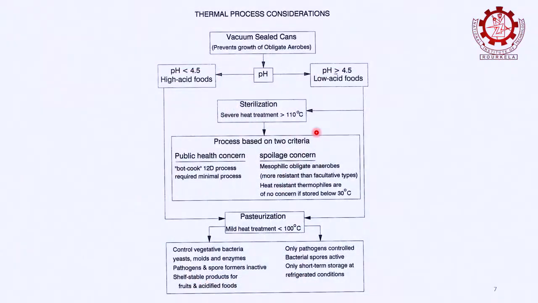So the process actually goes beyond the 12D process, which takes care of the safety, but spoilage you take care of based on the initial microbial load of those spoilage microorganisms in your product and how much quality change you are ready to accept. But if you don't do sterilization of that product, you can do pasteurization, where you destroy selected pathogens and then store at refrigeration temperature, and it has a minimum shelf life, such as milk.